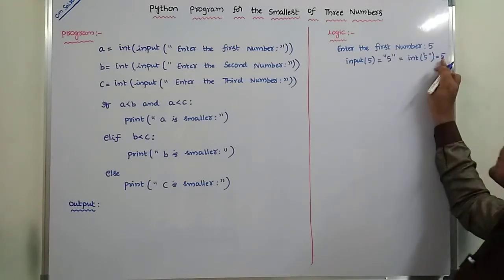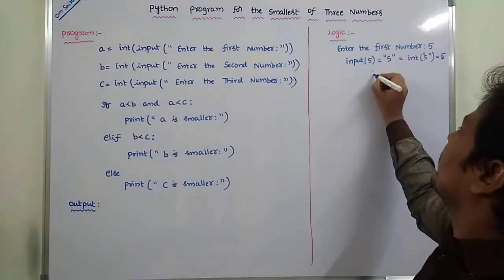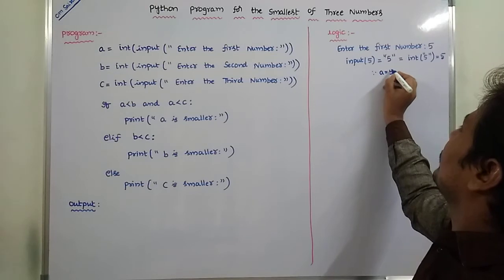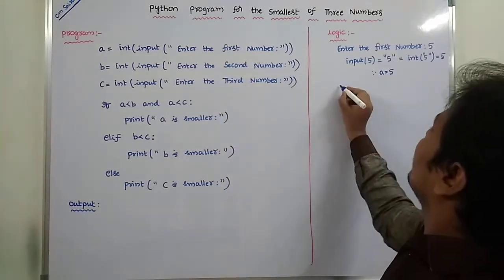Now this value 5 is assigned to the variable a, so a is equal to 5. In the same way, b and c.